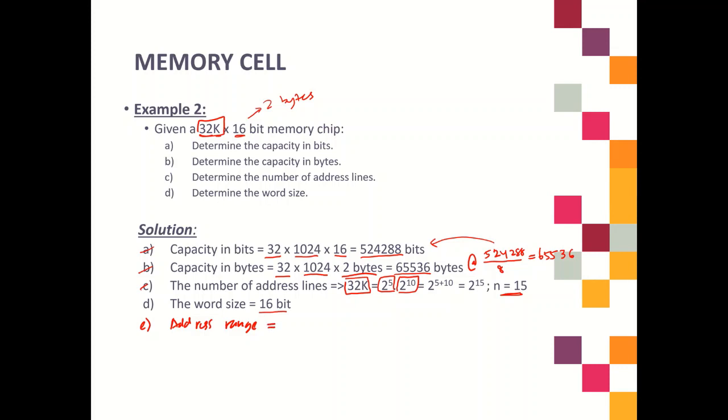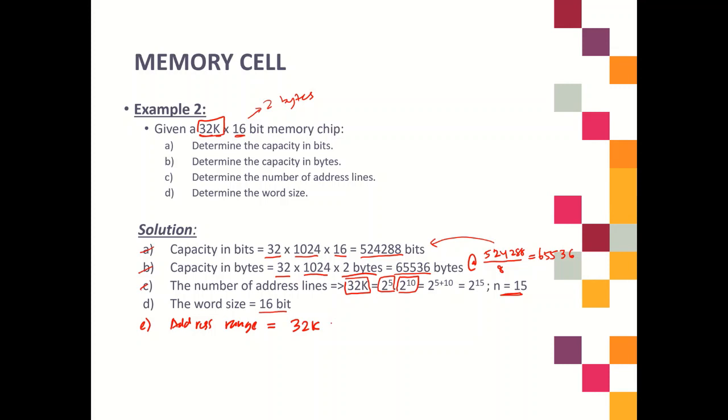You must remember how you can find the address range. First, you need to find the total memory locations. Here, you refer to the first value, which is 32k.